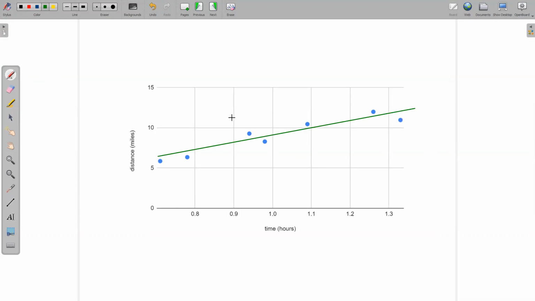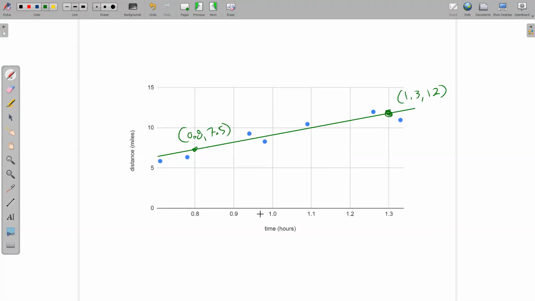So I would have to say, okay, well, one of my points is going to be this one, and I would have to guess what that is. Maybe it's the point 1.3 and 12. And then over here, what would that be? Maybe that's the point 0.8 comma 7.5. I don't know, I'm just guessing.